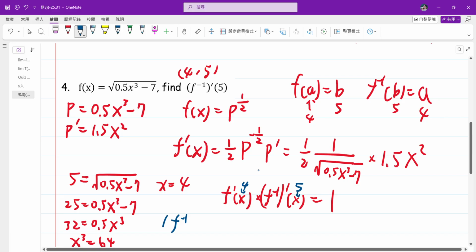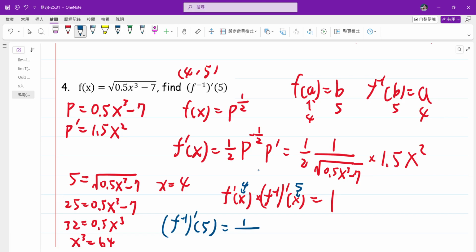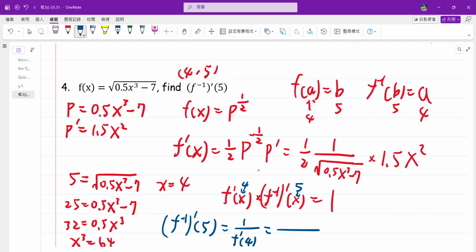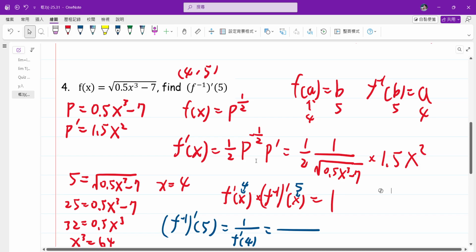Or you can just write this, because we're looking for this, equals 1 over this. And then plug in 4 for here and here. So that's your answer. I will not do that, I just leave it for you.